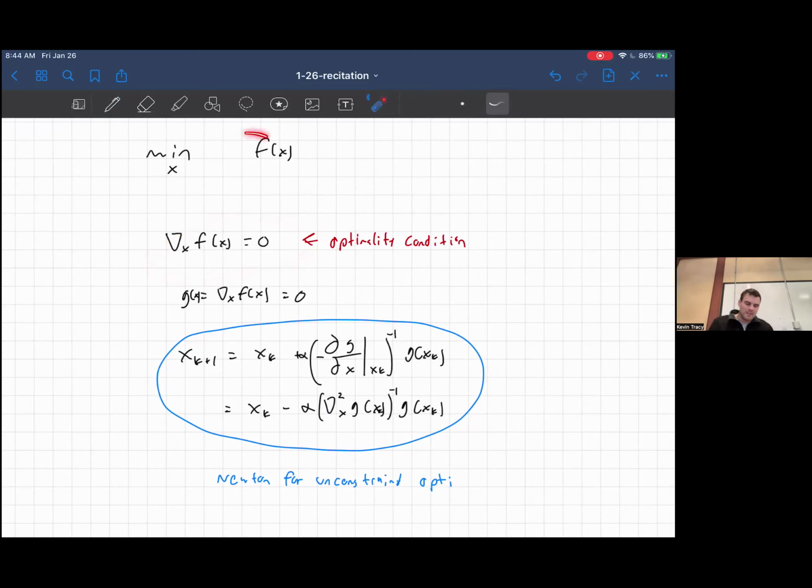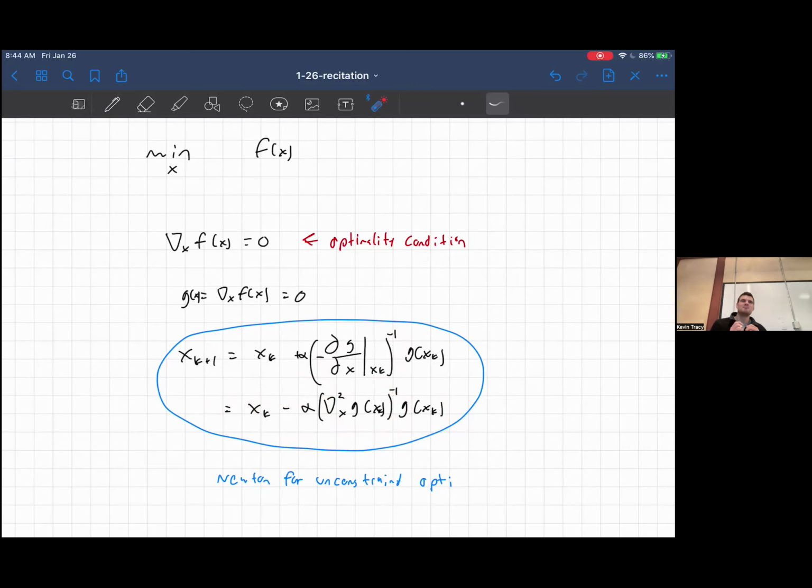So I've turned my optimization problem into a root finding problem. And then I just plug it into Newton's method, and I recognize the fact that the Jacobian of my gradient is my Hessian. What I get is this right here, which is just saying that this Newton step I'm calculating is going to be the Hessian inverted times the gradient. Okay. So this general idea should be somewhat familiar if you've seen this.